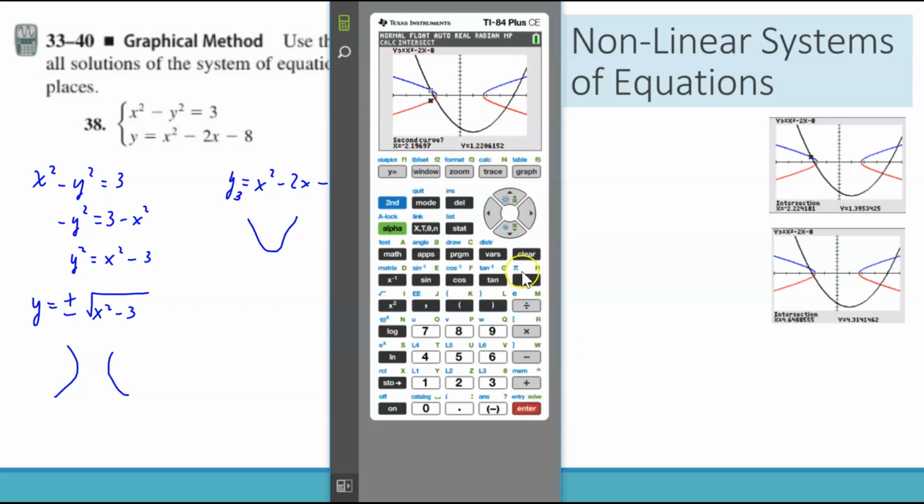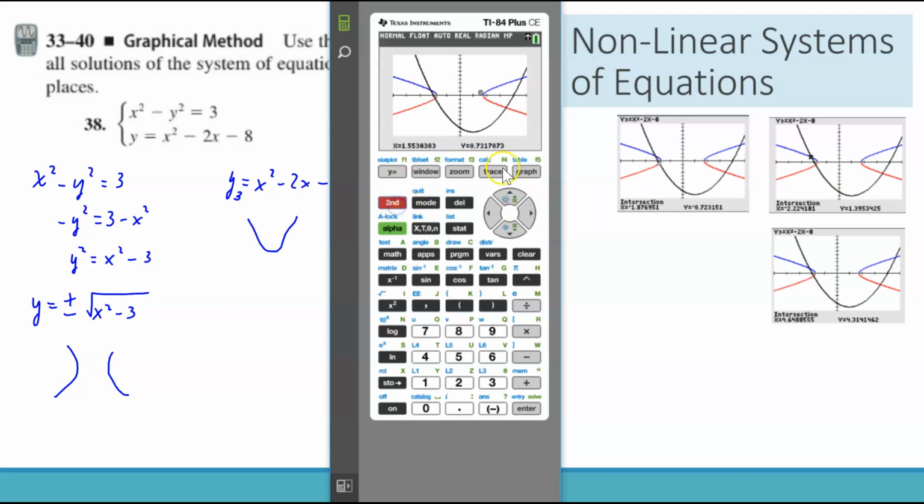I'm going to hit enter. There's the parabola. Got lucky on that one. We'll get close here. Enter, enter. Okay, so one more point to find. So I'm going to go up arrow. I want to be over here, so I'm going to up arrow until I can hopefully get to, nope, maybe we got to come over here more.